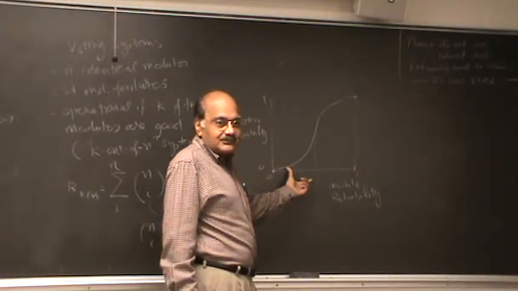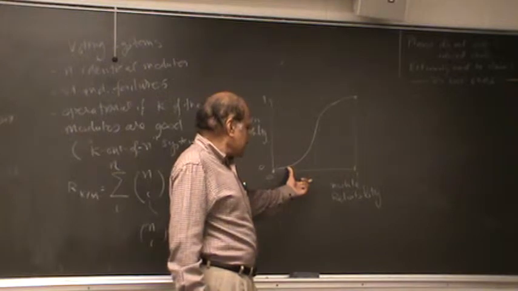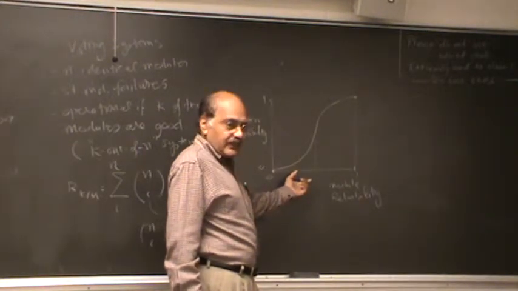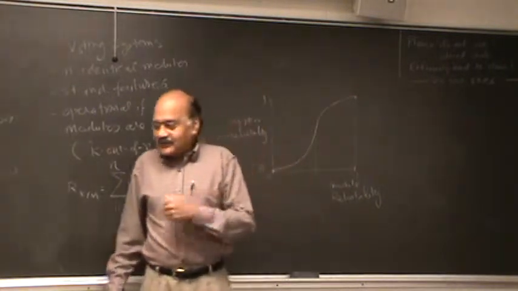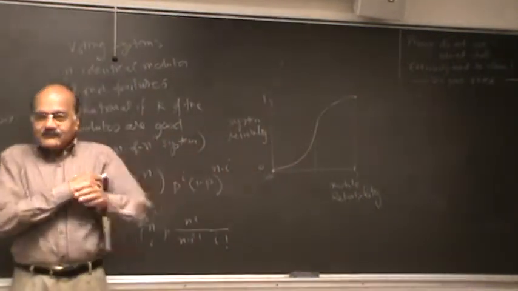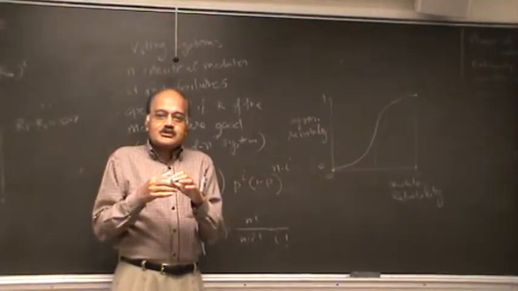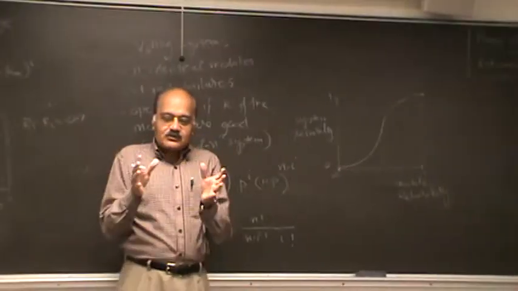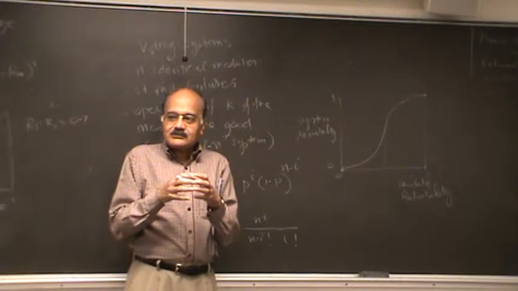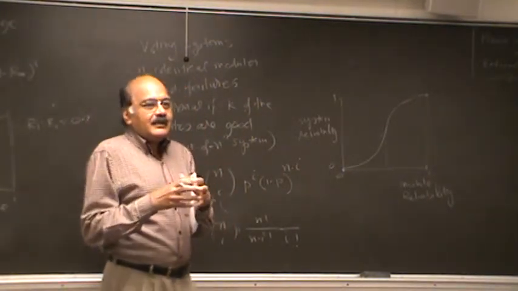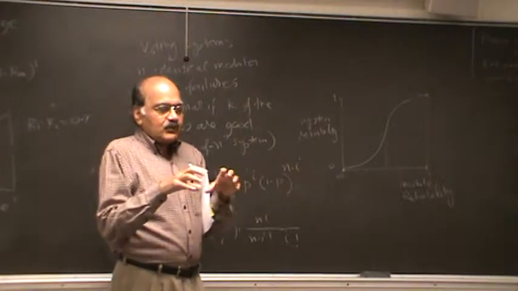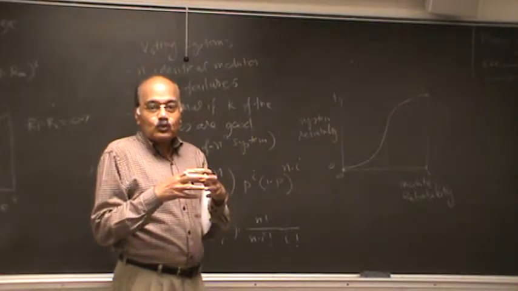Does that make sense? Do you think that this can be explained? So remember that if the probability that each module is good is sufficiently high, better than 0.5, then if you put many of them together, the overall reliability will improve.